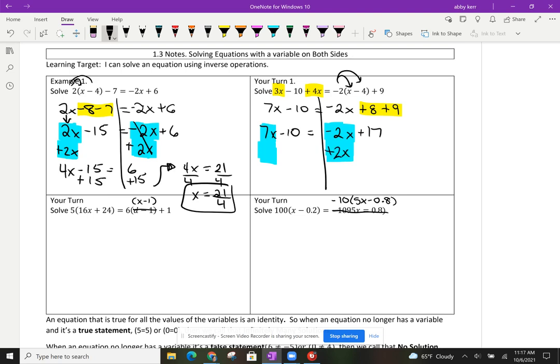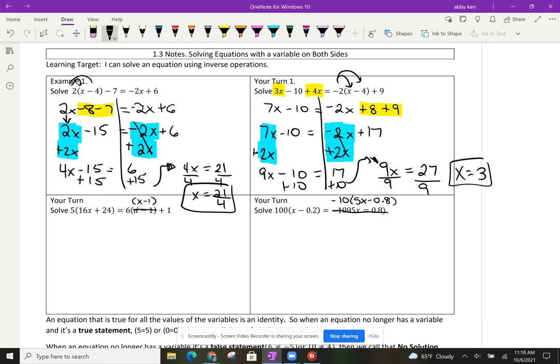The inverse operation of negative 2x or minus 2x is adding 2x. Then we're left with 9x minus 10 equals 17. So now we're going to add 10 because we have that two-step. So now we have 9x equals 27. Divide by 9. X is going to get you 3.